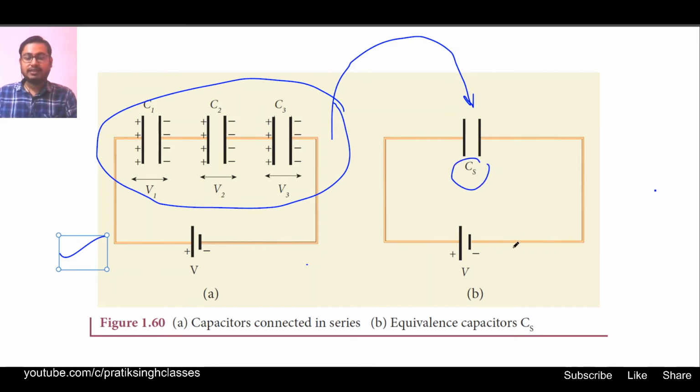You can see very well that the capacitor and the battery are connected in series. Whenever we say the voltage of any battery, that means the potential difference between the plates of the battery. Whenever we say the voltage of any capacitor, that means the potential difference from one plate to the other plate.